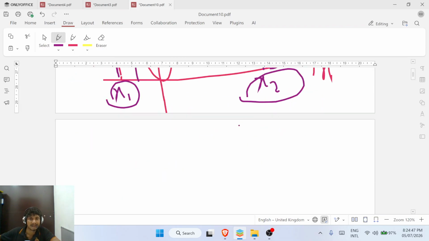Same value for f of x. Therefore, this is not a one-to-one function.